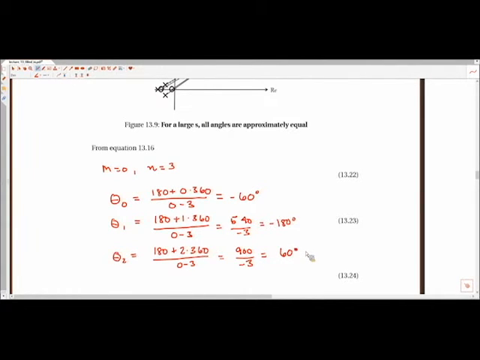So just to know what we have here, the root locus has to be symmetric about the real axis. If we have a negative 60 degree asymptote, that means we have to have a positive 60 degree asymptote. The 180 can live by itself because that's symmetric about the real axis.